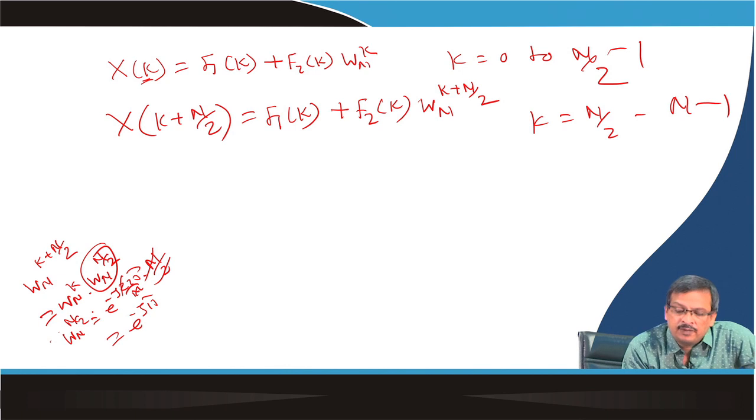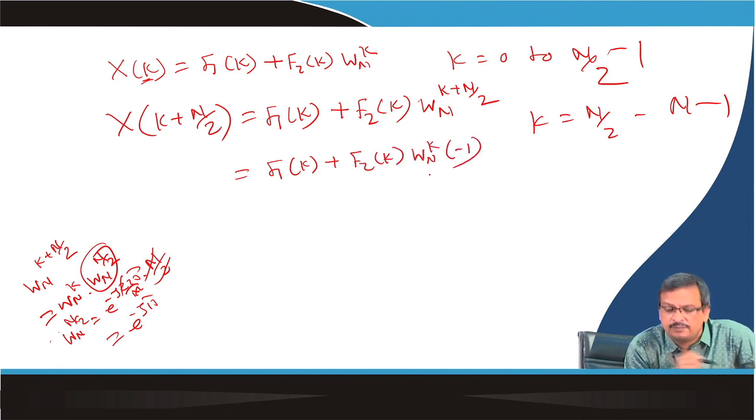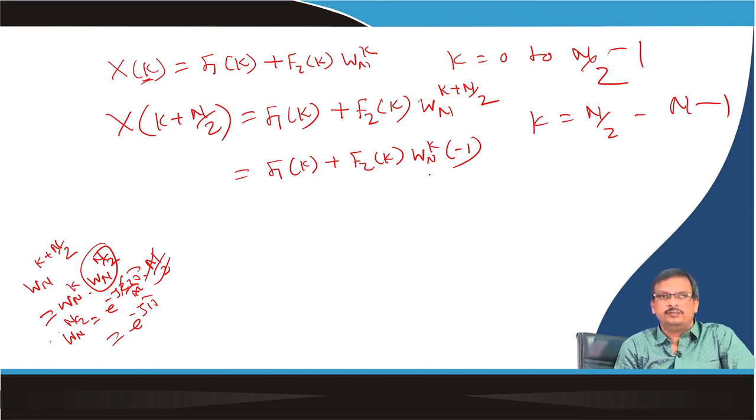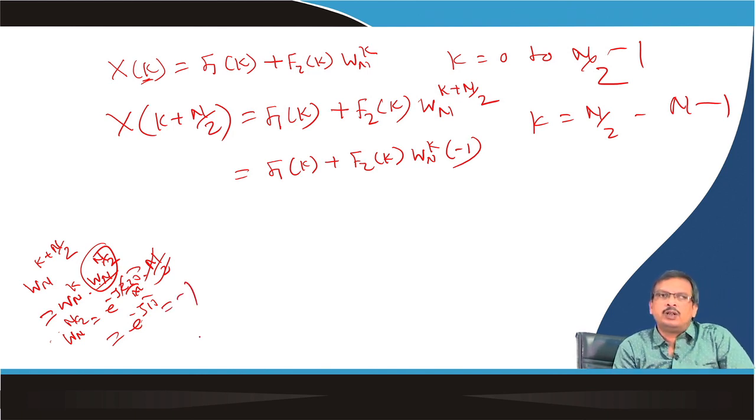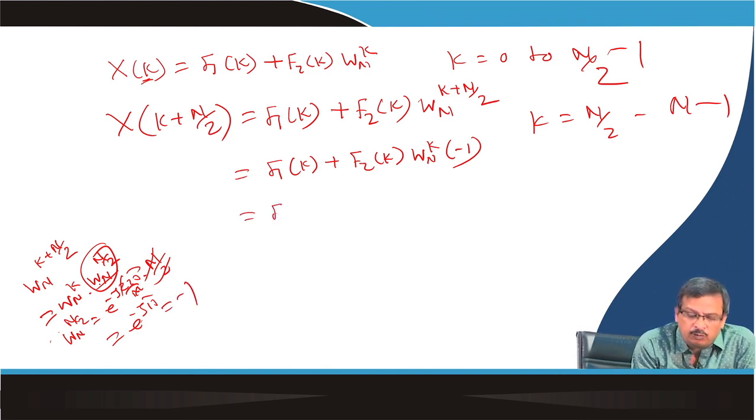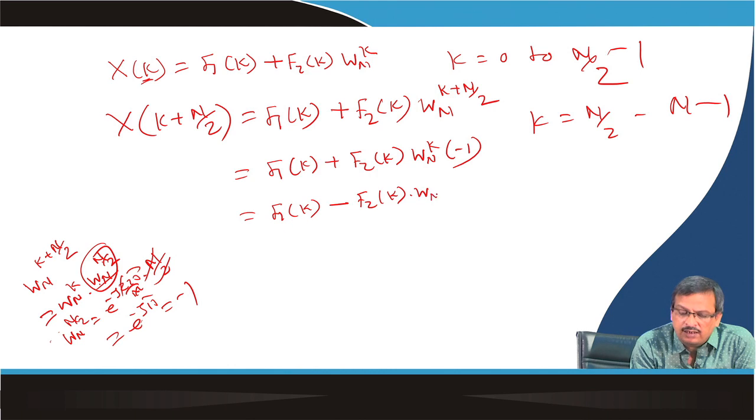So, this can be written as F1(k) plus F2(k) into W_N^k times minus 1, because W_N^{N/2} is equal to minus 1. Okay, so I can say F1(k) minus F2(k) into W_N^k.